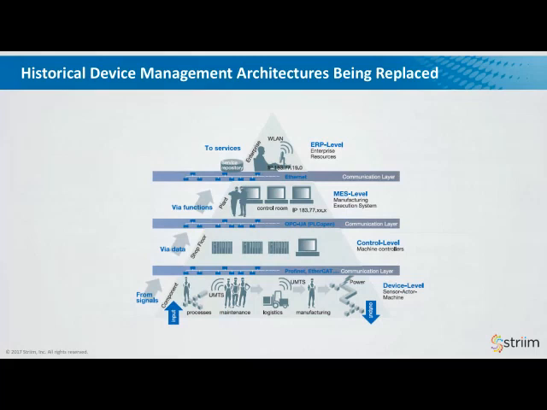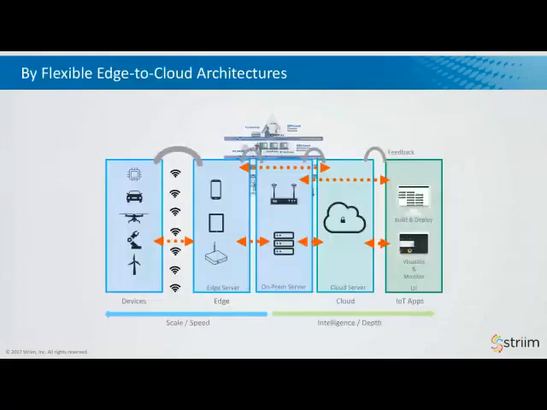And that very rigid architecture, with specific things at different places and processing done in particular areas, is being replaced with a more general architecture that has devices on one end and applications on the other end, with processing and analytics and storage happening wherever it makes sense.